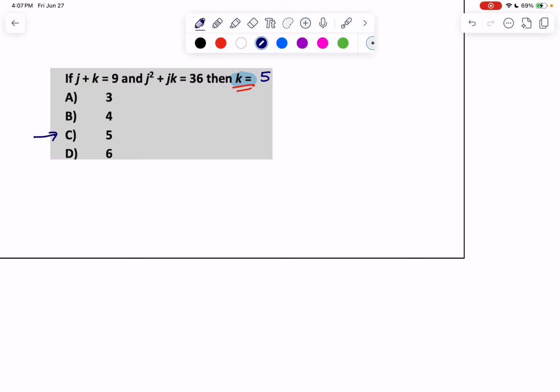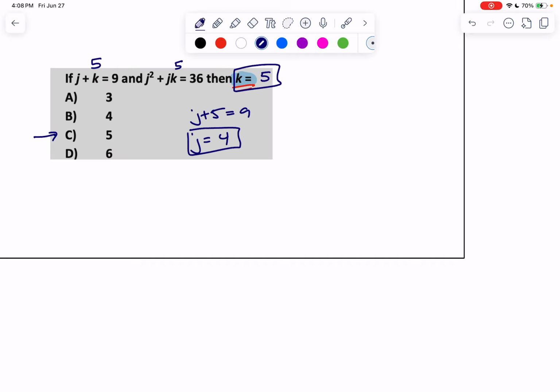Let's try it out. If K is 5, this K would also be 5. And I know that J plus K is 9. Well, J plus 5 would be 9, and what do I add to 5 to turn it into 9? Well, I add 4. So that makes J 4. Now, I said my K was 5 and my J is 4.